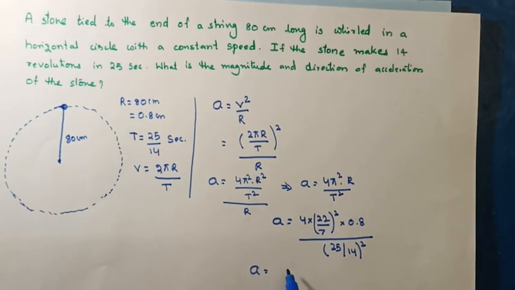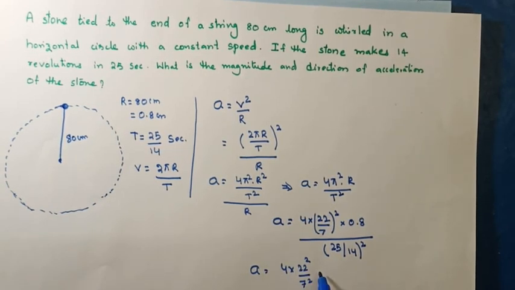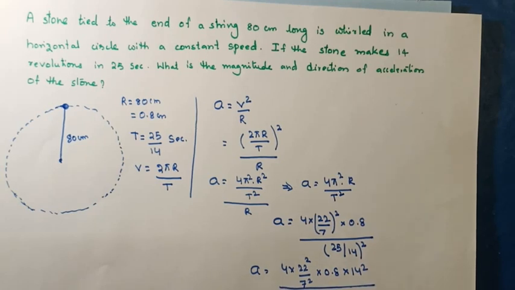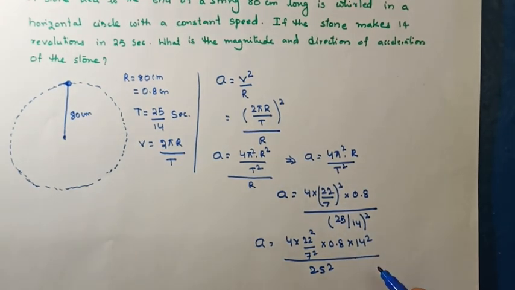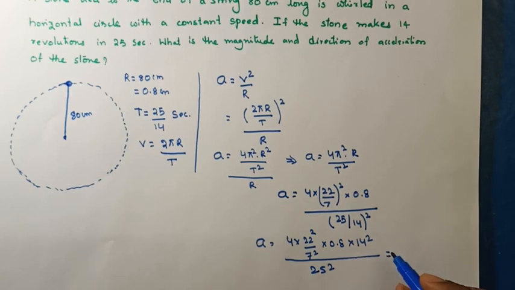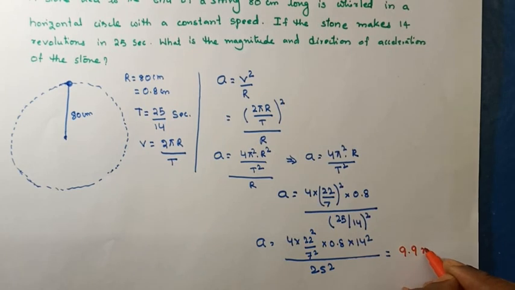A is equal to 4 into 22 square by 7 square and 0.8 into 14 square by 25 square, right? Now what is this? If you calculate this using a calculator, you will get approximately 9.9 meters per second square.